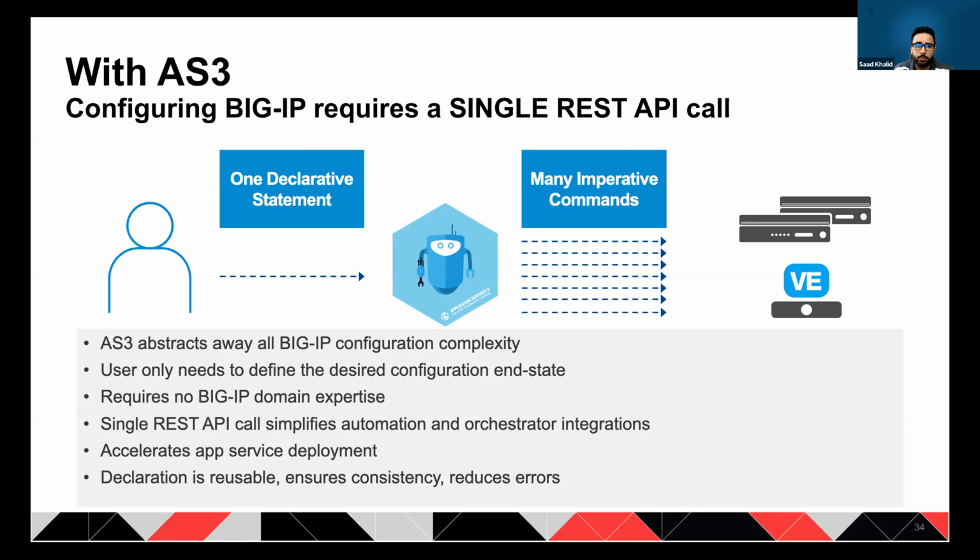This is really beneficial because, as you'll see in this next lab, these declarations are reusable. So it not only reduces errors, but ensures consistency, and it requires minimal BIG-IP domain-specific knowledge.